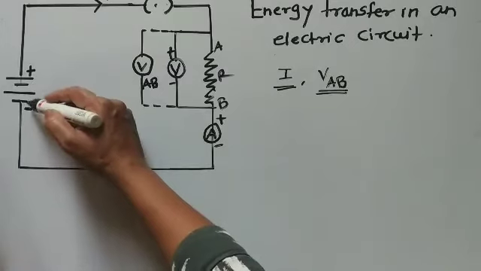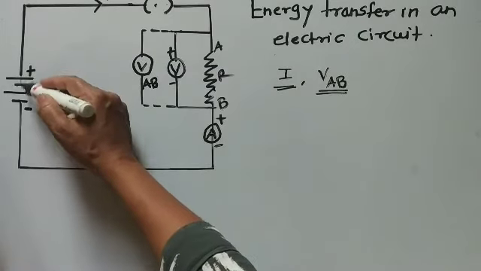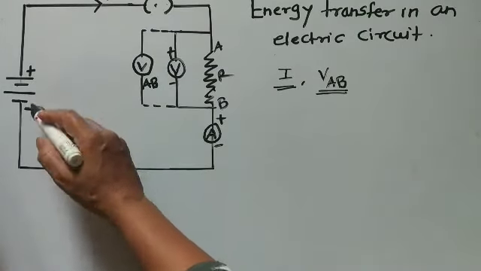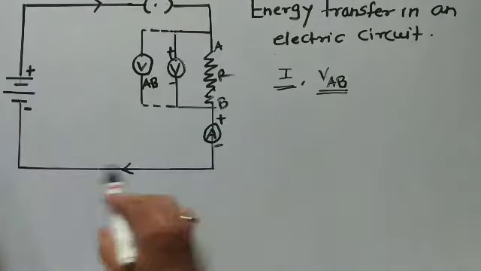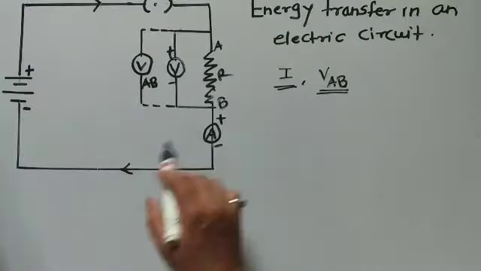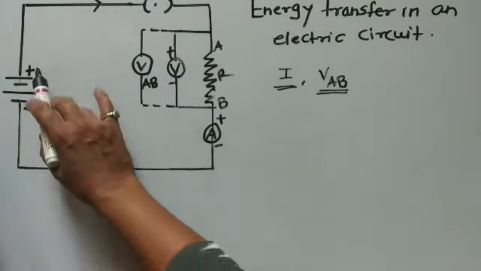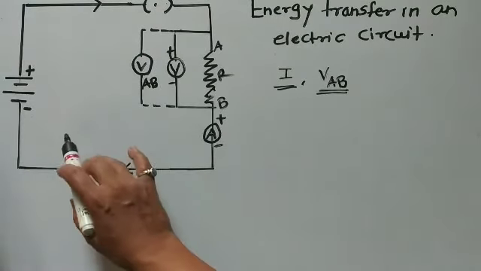Here two cells are connected. The current flows from the positive terminal to the negative terminal, that means from higher potential to lower potential.